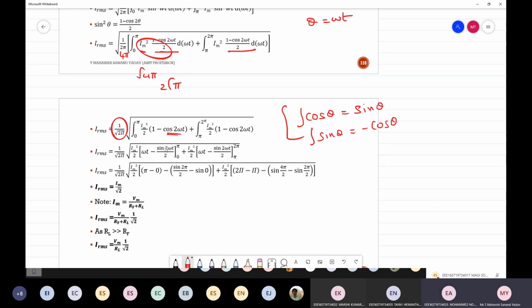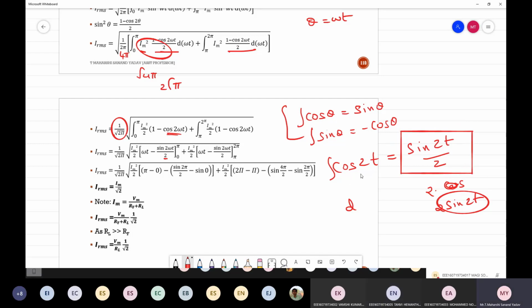So cos 2 omega t integrates to sine 2 omega t by 2. Why did I get 2 here? Yes. Integration of cos 2 theta is sine 2 theta by 2, whereas if it is for differentiation, it will be 2 into sine 2 theta.